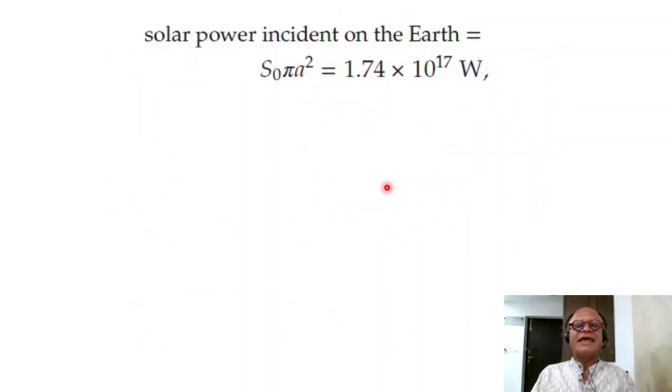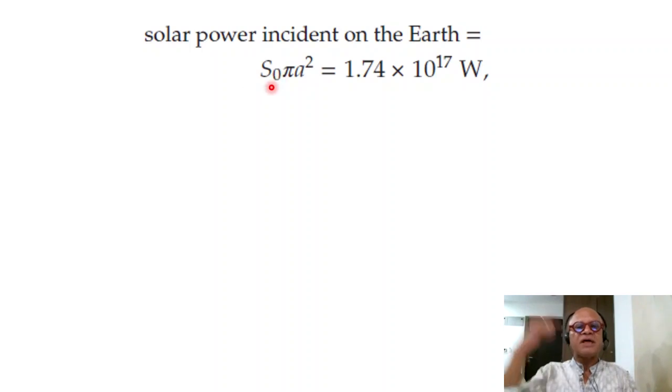So we take the energy that is being intercepted by this circular disk that is facing the sun all the time. Even though Earth is rotating, there is always a circle that is receiving energy, right? So S0 is the energy per unit area arriving at the top of the atmosphere.